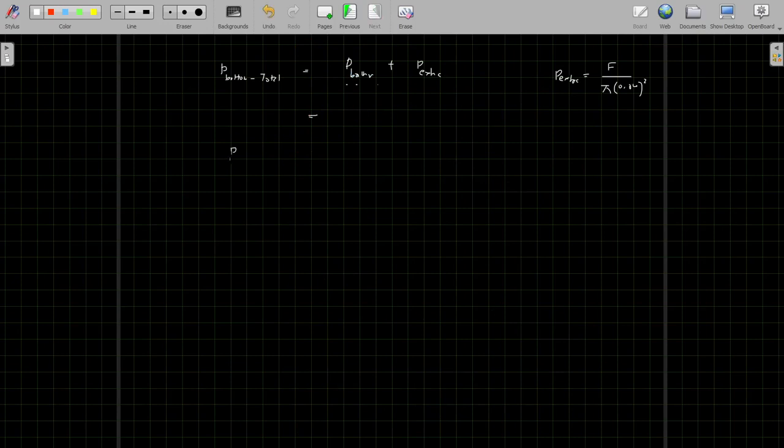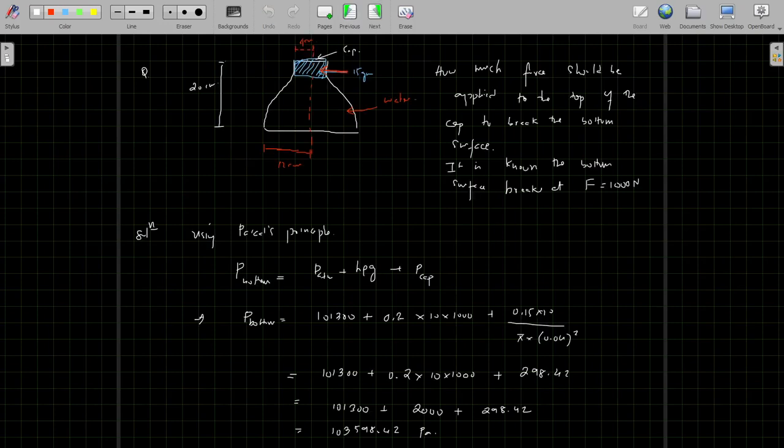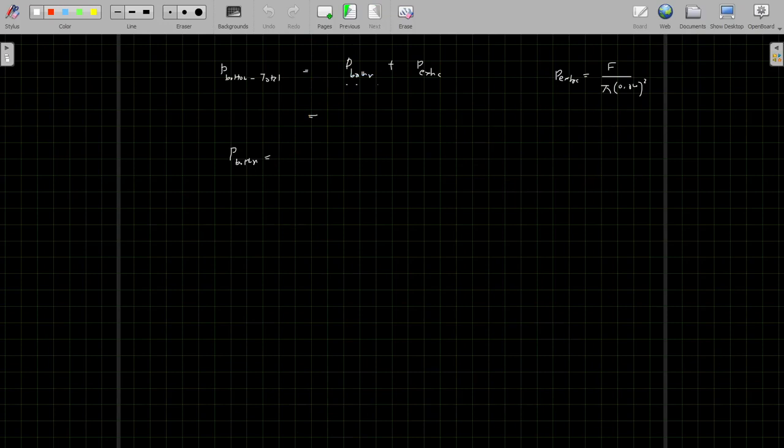So pressure gauge will be, so pressure bottom I am writing once again, will be this value 103598.42 minus 101300. So this becomes my bottom gauge pressure.